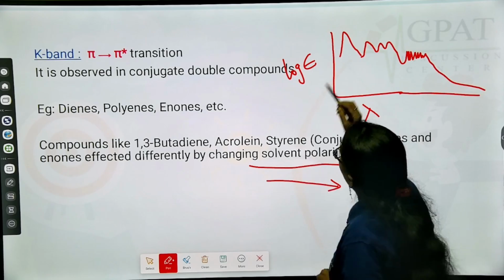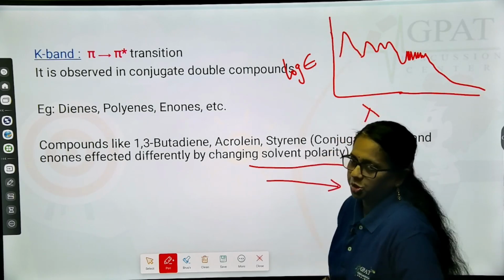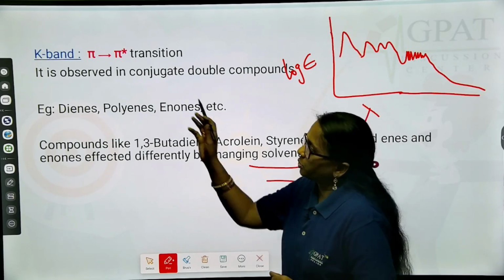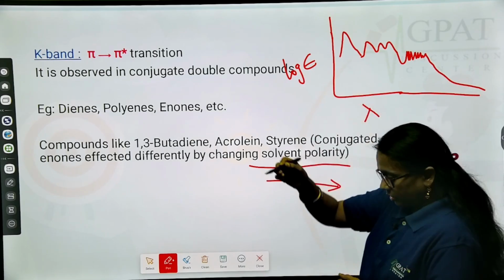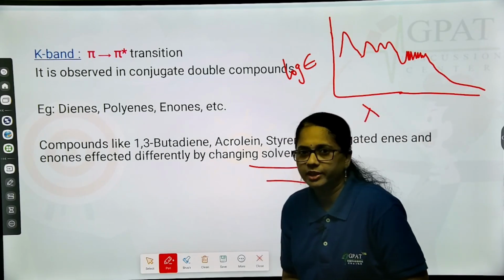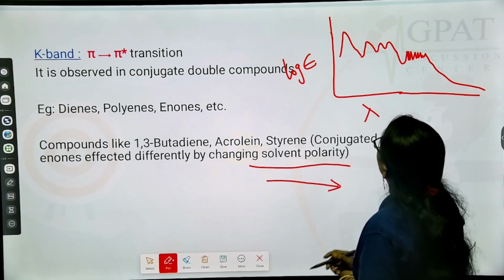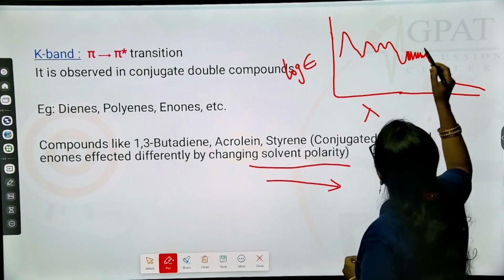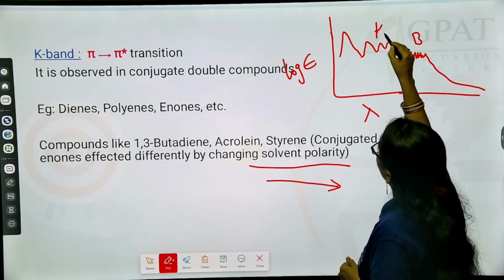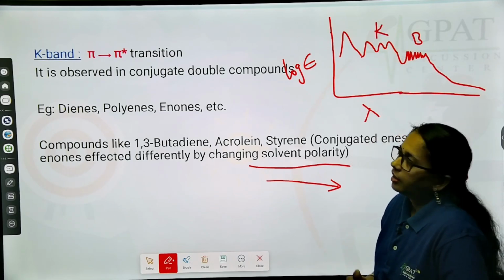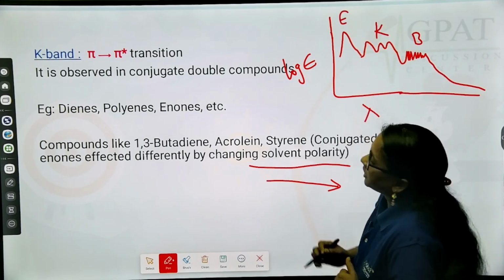Okay, so high intensity absorption means you are going to observe the K bands, but those E bands are also high intensity absorption peaks, but mostly you are going to see the B type of bands here and K type of bands afterwards. Okay, and high intensity bands, E type, here.